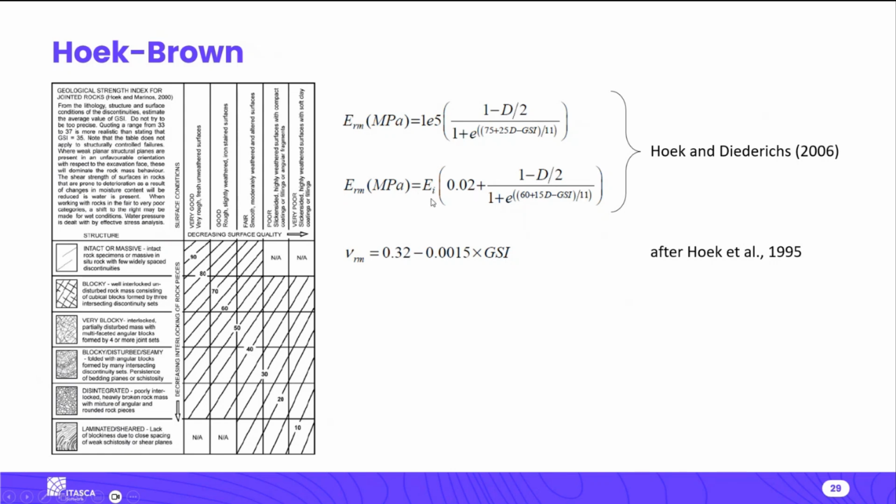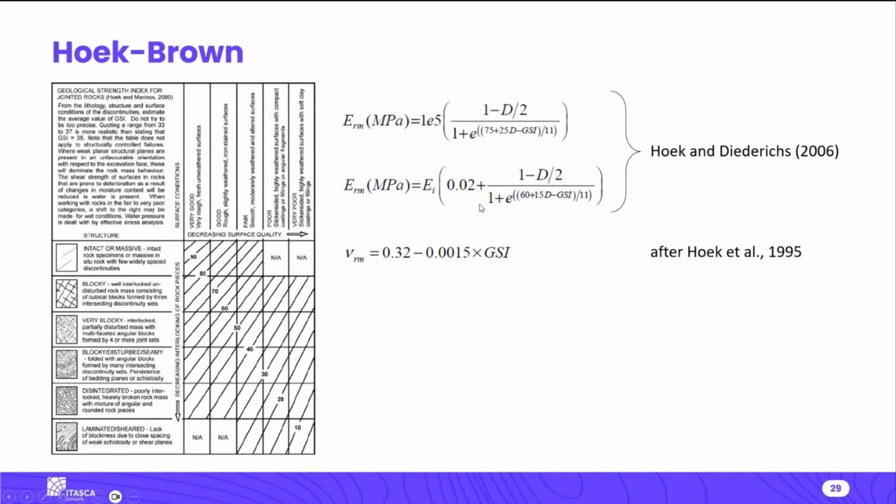Look at the second one here. Often you will know the Young's modulus of the intact rock. So for example, you did a lab study on a small piece, you know that Young's modulus. But of course, in a rock mass that's full of joints, the Young's modulus will be less than that. So you can scale the intact modulus by some function of GSI and this damage parameter. And this again is empirical.